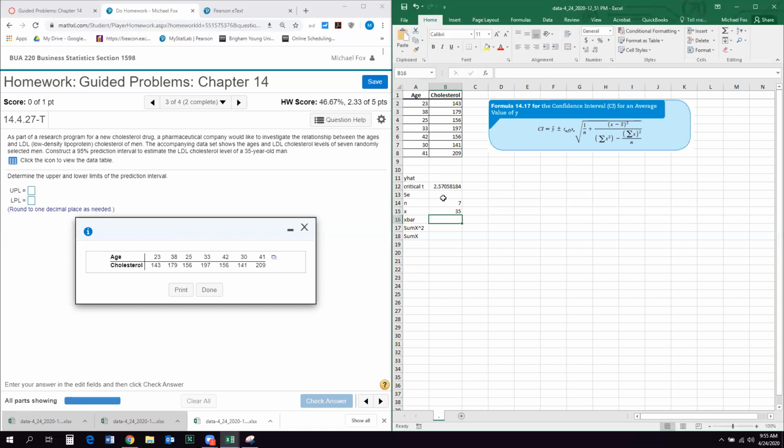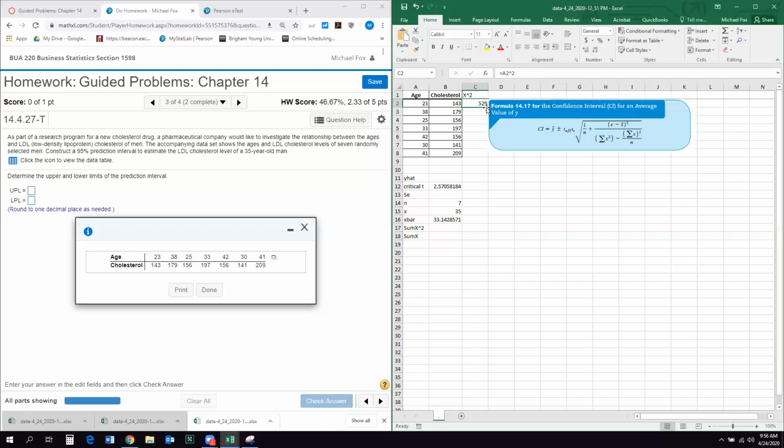X bar is just the average, or the mean, of X. So take all my X values. There's my X bar. To find my sum of X squared, I need to add a column here that's X squared. And it equals the X variable squared.